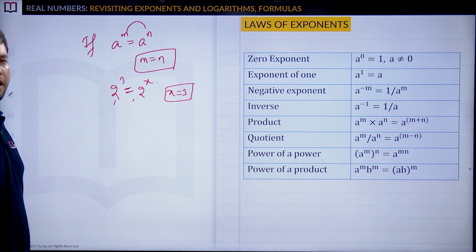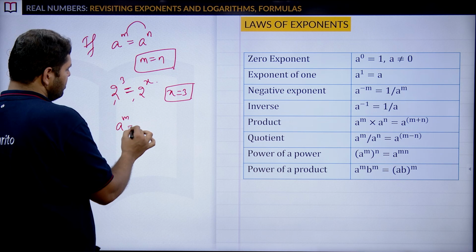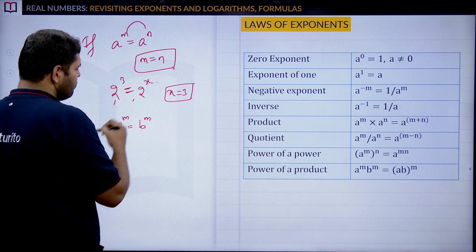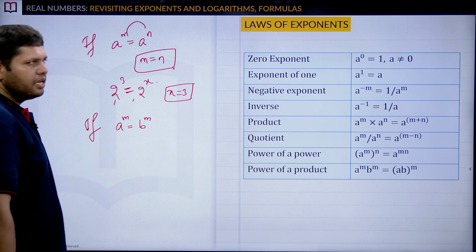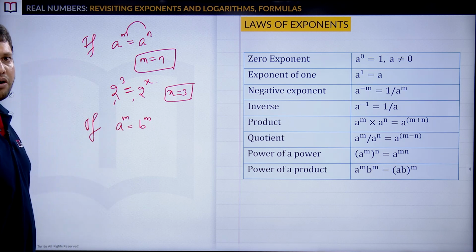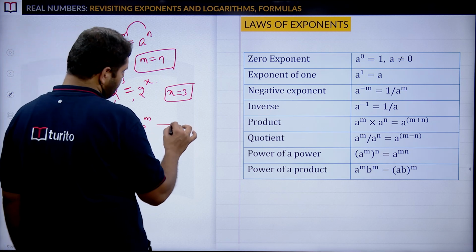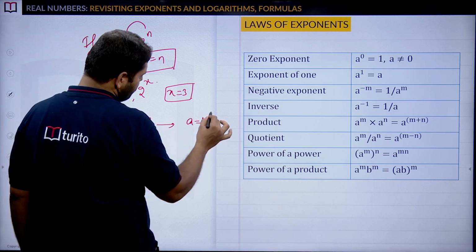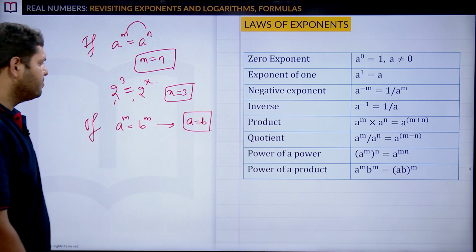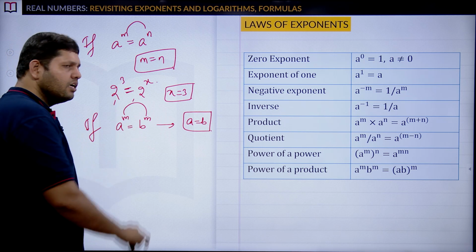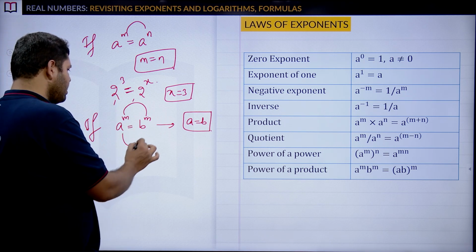Okay. And next one. If a to the power of m is equal to b to the power of m. In the second case, what happens, children? Exponents are equal. If a to the power of m is equal to b to the power of m, so directly what we can say? Exponents are same, here m is equal to m, so directly we can say a is equal to b.